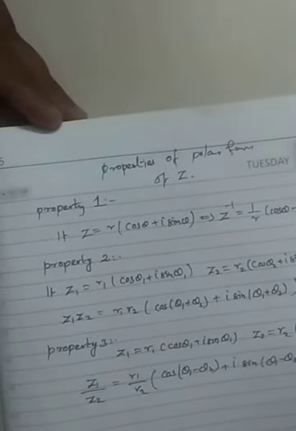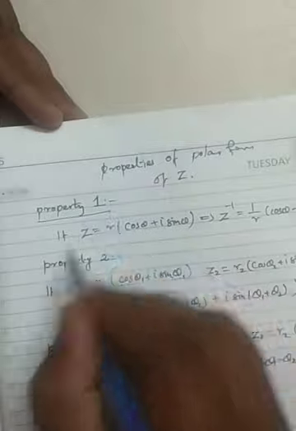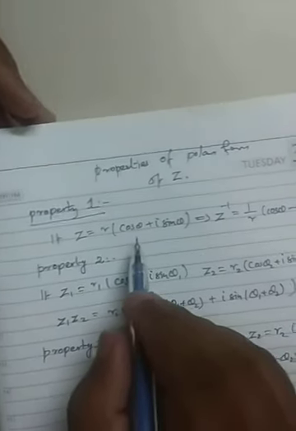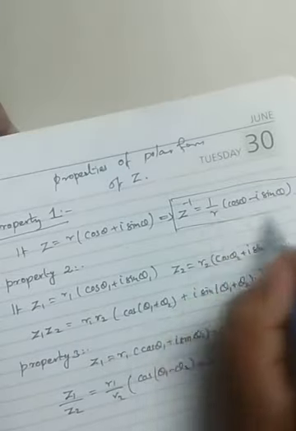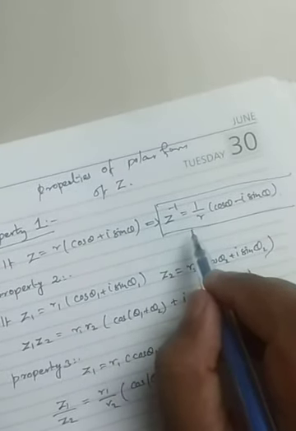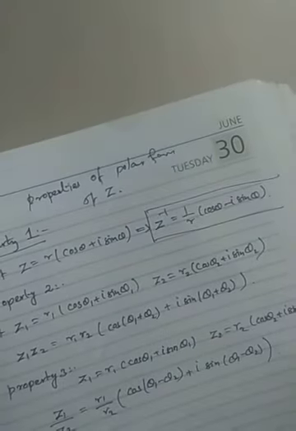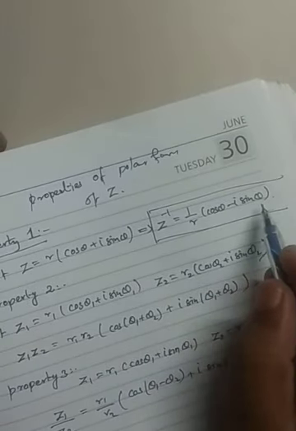Carefully look here. What is property 1 saying? If z equals r(cos theta plus i sin theta), then the value of z inverse is 1 by r (cos theta minus i sin theta).